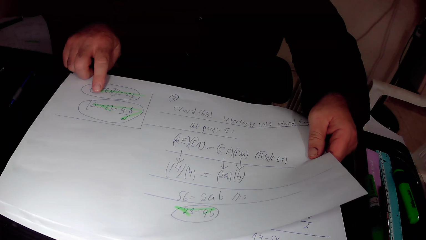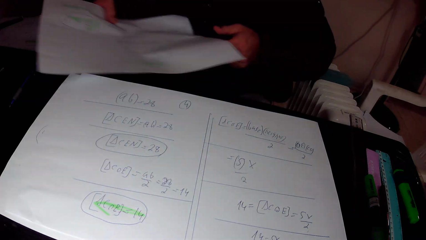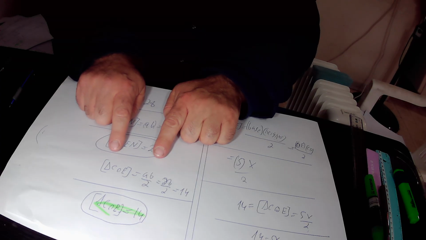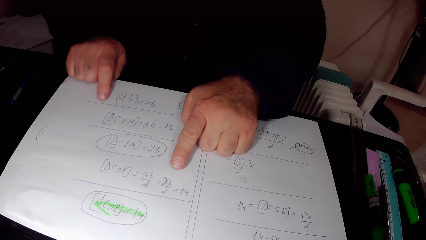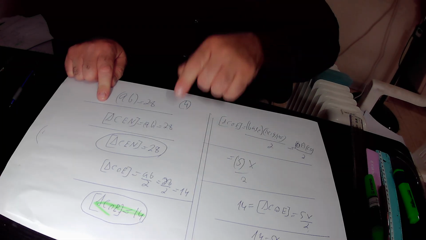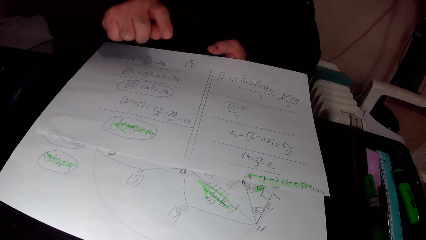The area of the green triangle equals A times B over 2. AB is 28, so it is 28 over 2. 28 over 2 is 14. So in total we found that the area of this green triangle COE equals 14 square units in size.